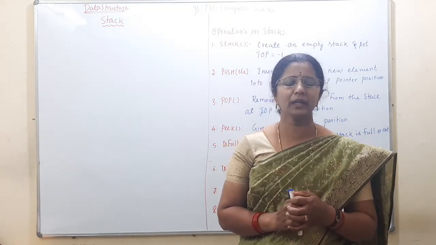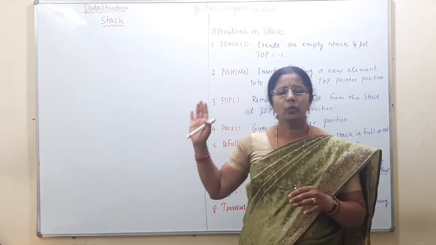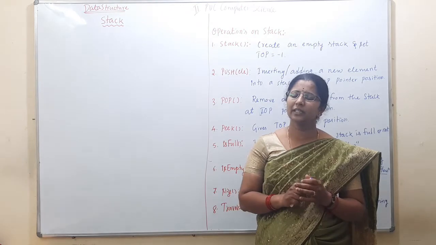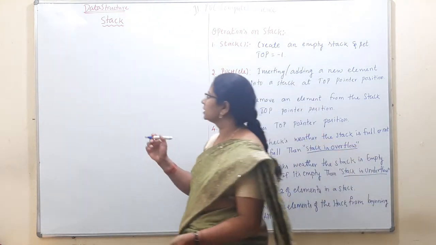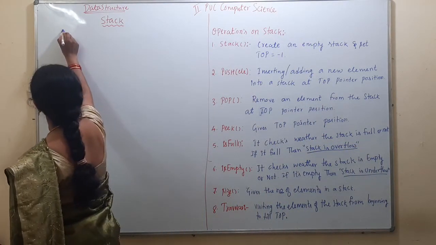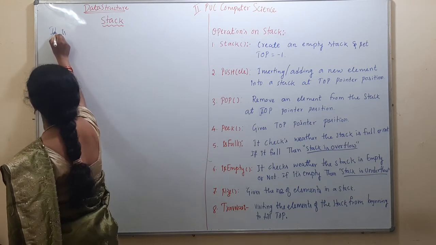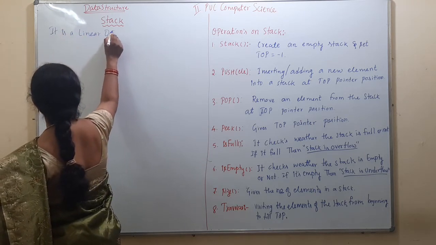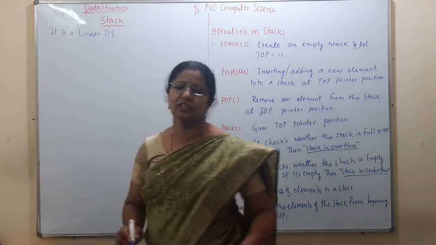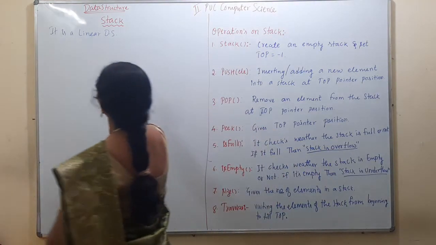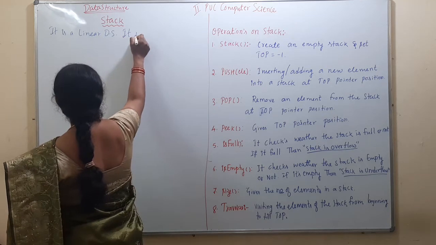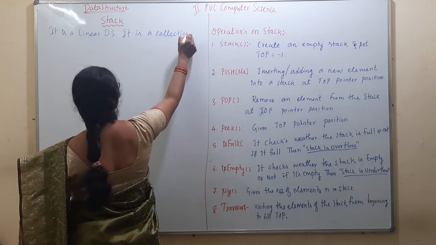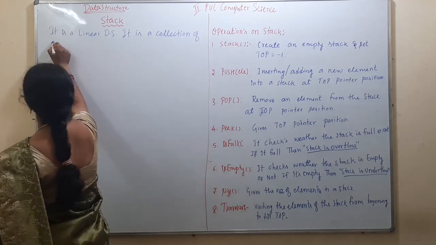Completely, the array part is completed. Now we are discussing the second linear data structure, that is stack. Stack is a linear data structure. It is a collection of ordered elements.